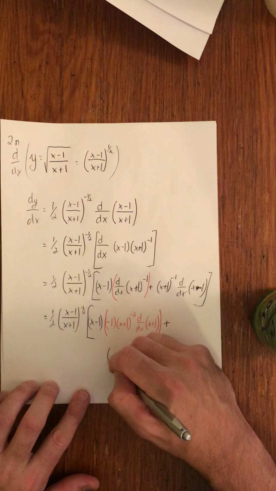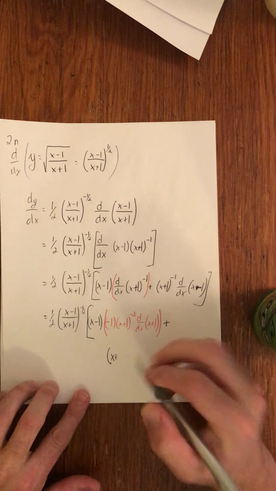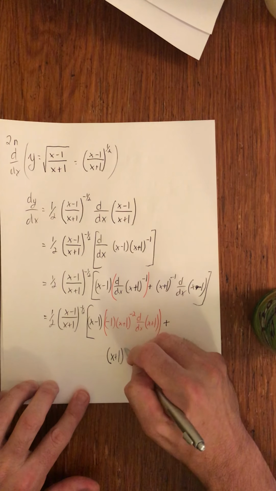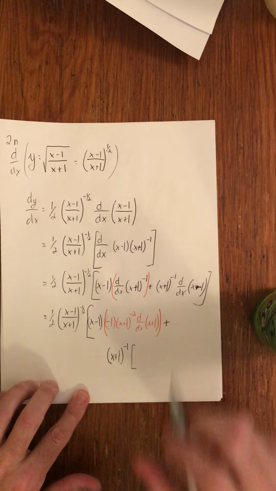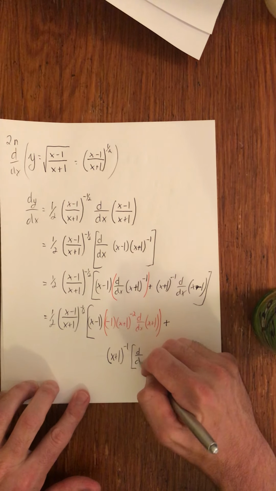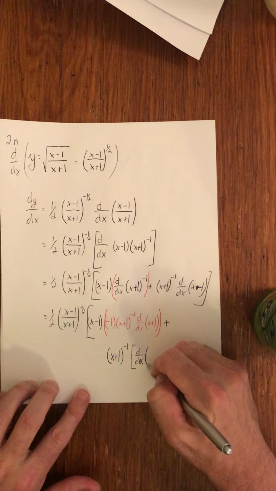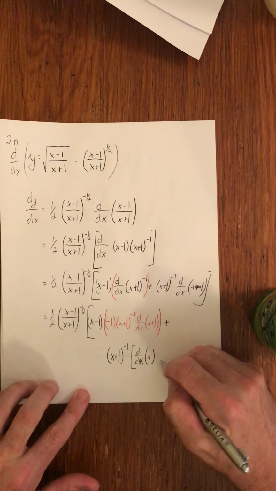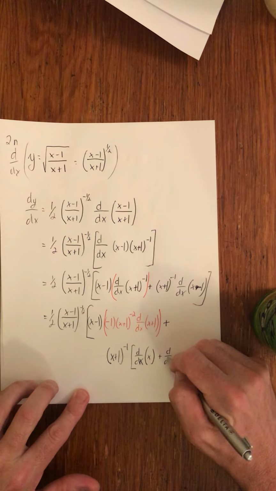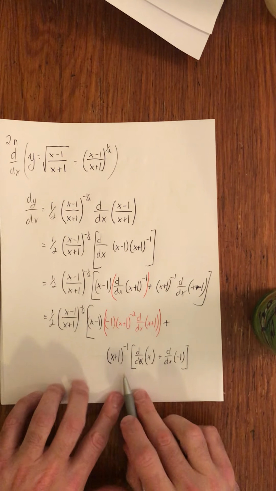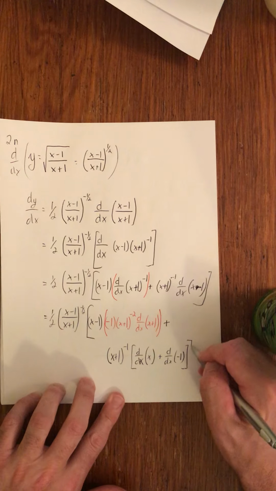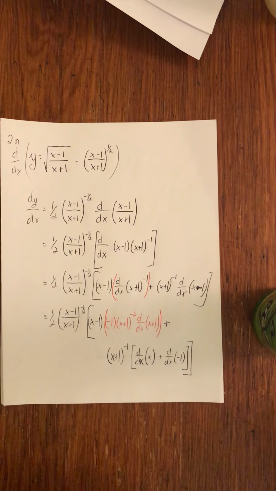And so here I go. x plus 1, quantity negative 1, and then show my sum rule, d/dx of x, I didn't need that parentheses, plus d/dx of negative 1, but I might as well be consistent here. And so that is that, and now another hard bracket to end that.